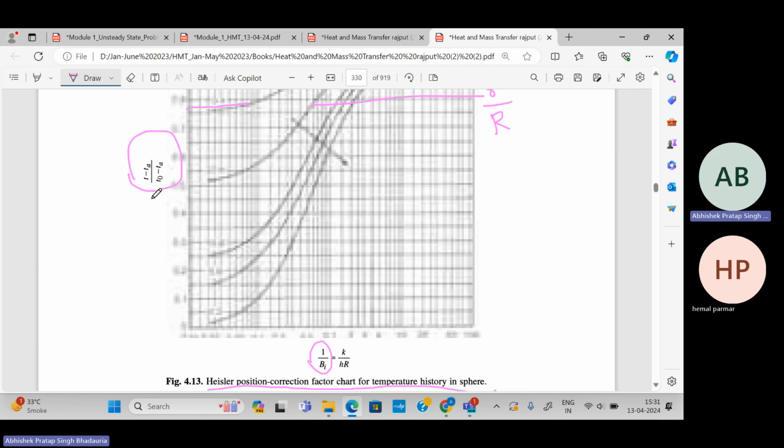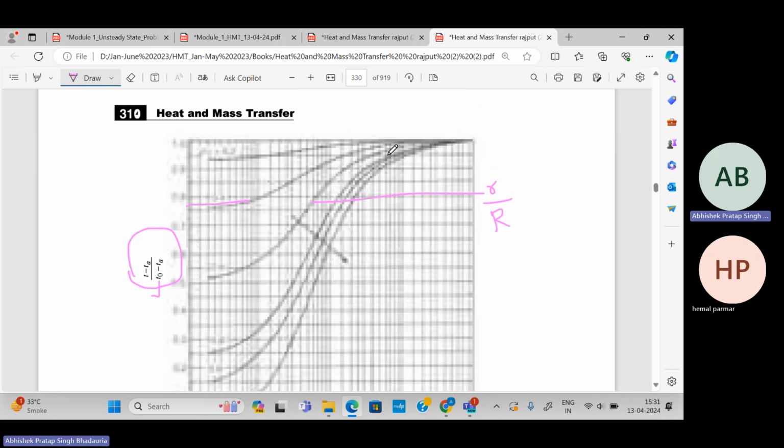We have already determined T naught minus Ta, so we'll put the value of T naught directly. The Ta value we know, the ambient temperature. T minus Ta divided by T naught minus Ta, where T naught is the center line temperature that we have already found. Remember, these curves are expressed in terms of small r by capital R in case of cylinder and sphere.